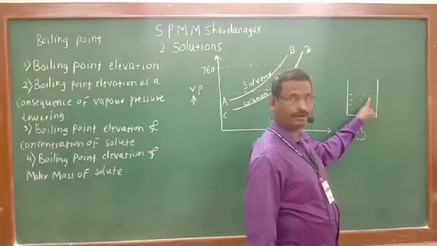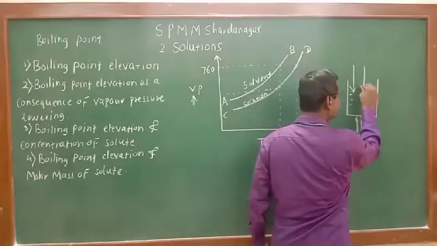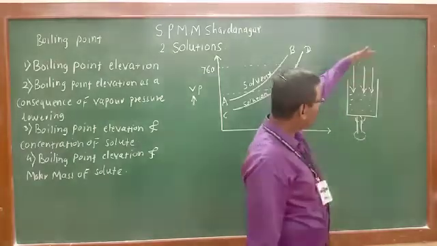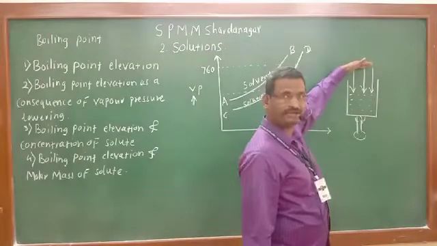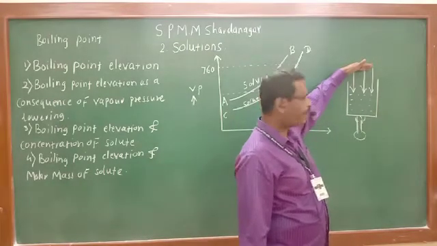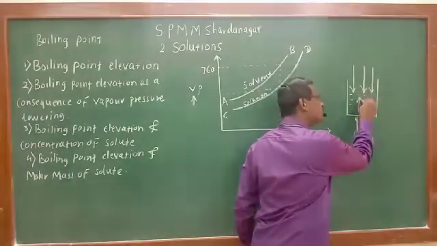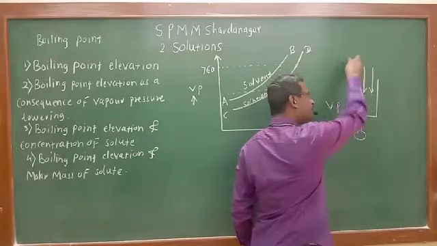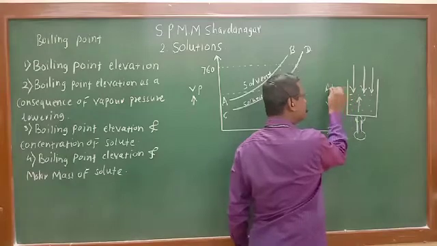Why? Because there is a certain external pressure applied from the surroundings to the system, and a pressure developed by the liquid, which is known as the vapor pressure of the liquid. The external pressure applied is nothing but the atmospheric pressure.